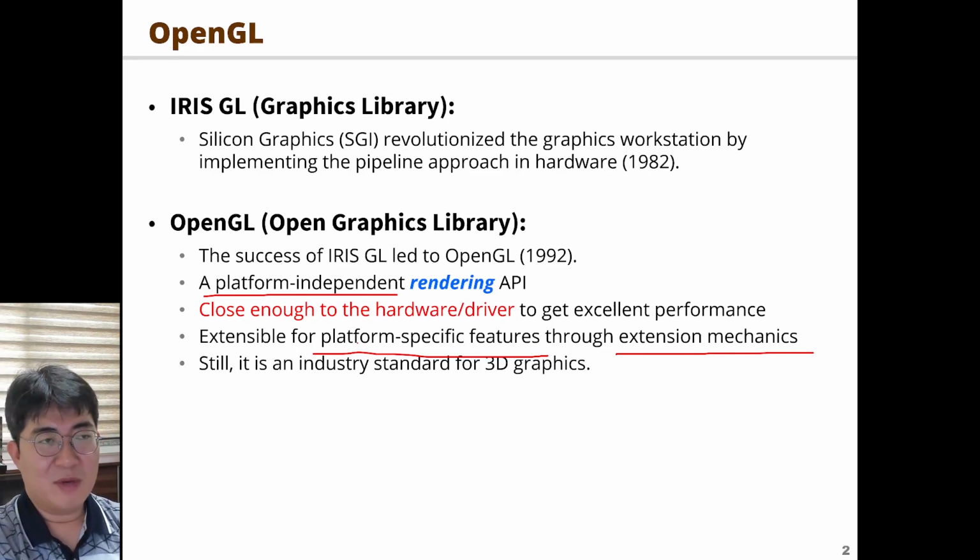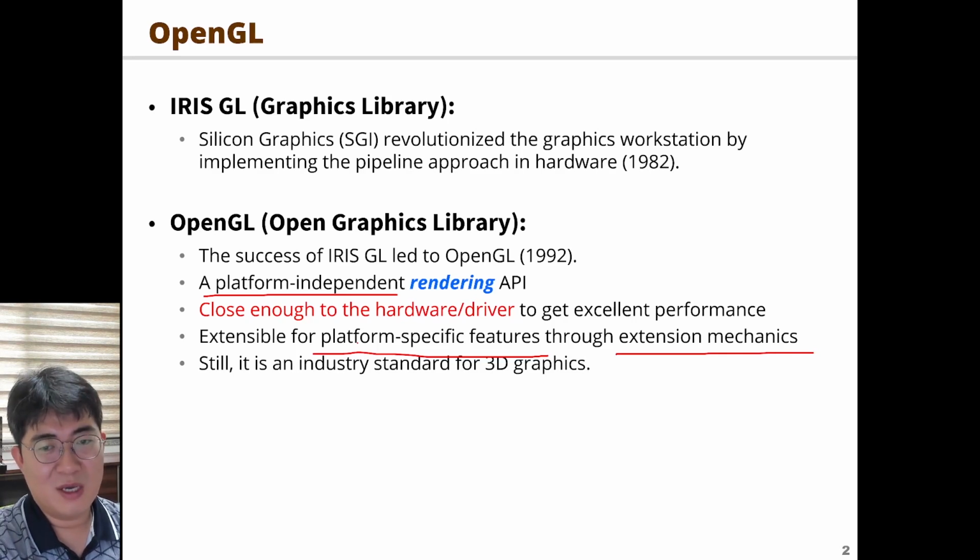In practice, many different vendors want to provide their own super excellent features, but those are only available through platform-specific extensions. For example, SGI or NVIDIA provided their own API.